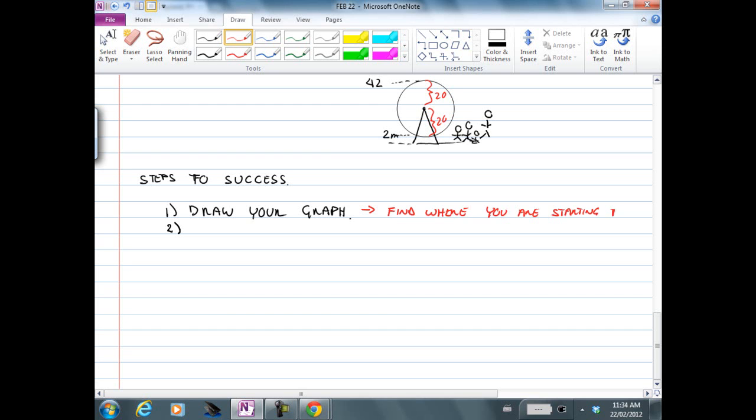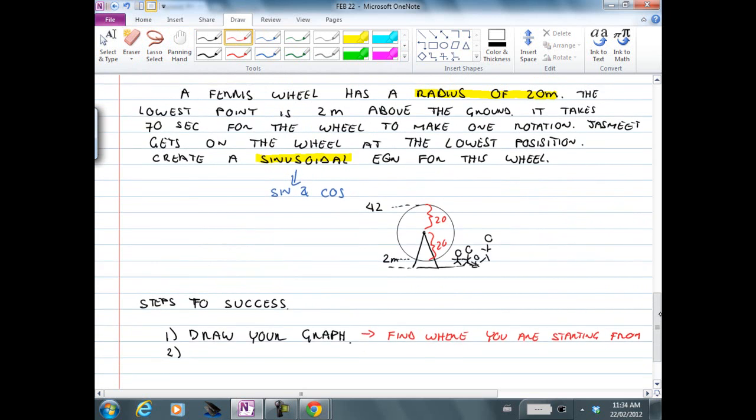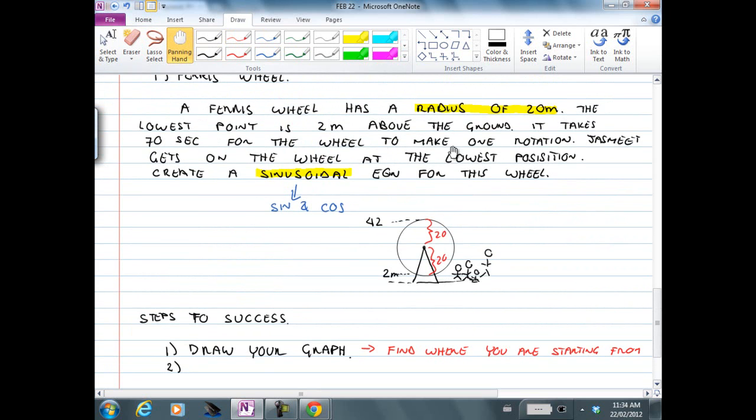Some say you're starting in the middle. Find where you are starting from. Read the question. Here it says: Jasmeet gets on the wheel at the lowest position. So I'm starting at the lowest position. That's the key. Every question must tell you where it's starting from, or else you can't do it.